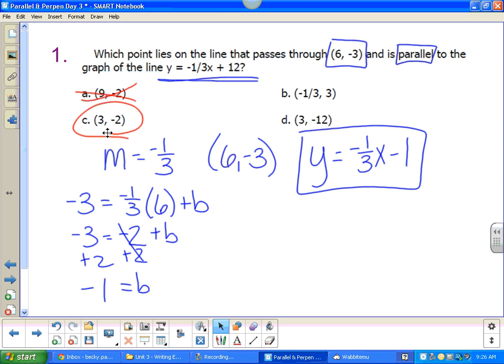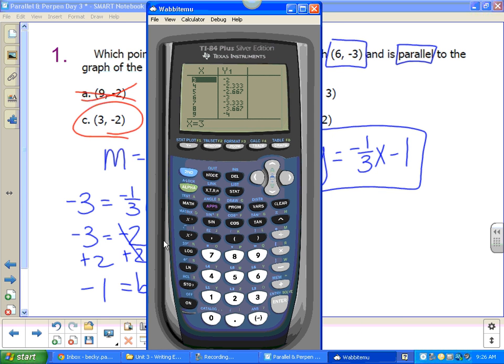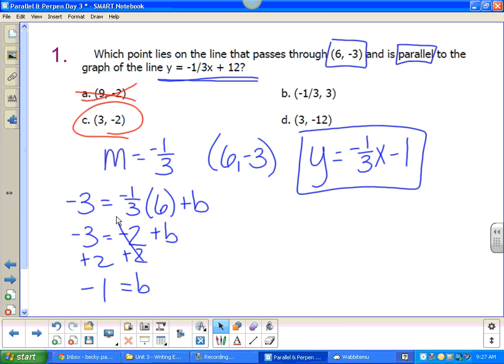But since the answers are not equations of my line, the answers are points on my line, I took my equation and plugged it into my y =, and then do you remember where we went next? We're going to go to table. So second table, and this is where all my points live. And I just found the one of the 4 points that lives in my table by using my up and down arrows to scroll. So it's really, really easy. Just one extra step on your calculator after you find the equation of your line.